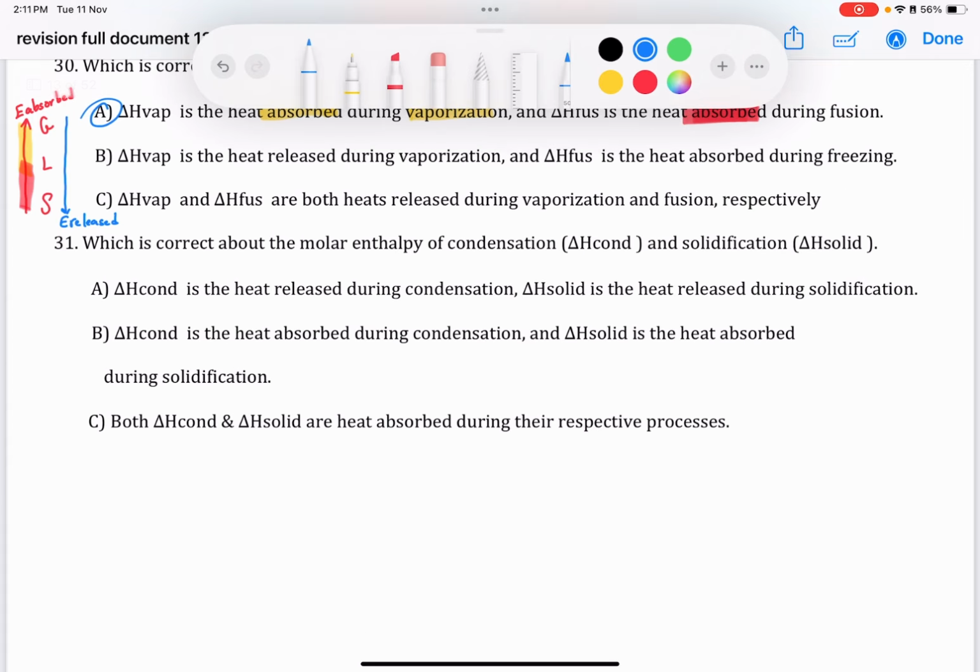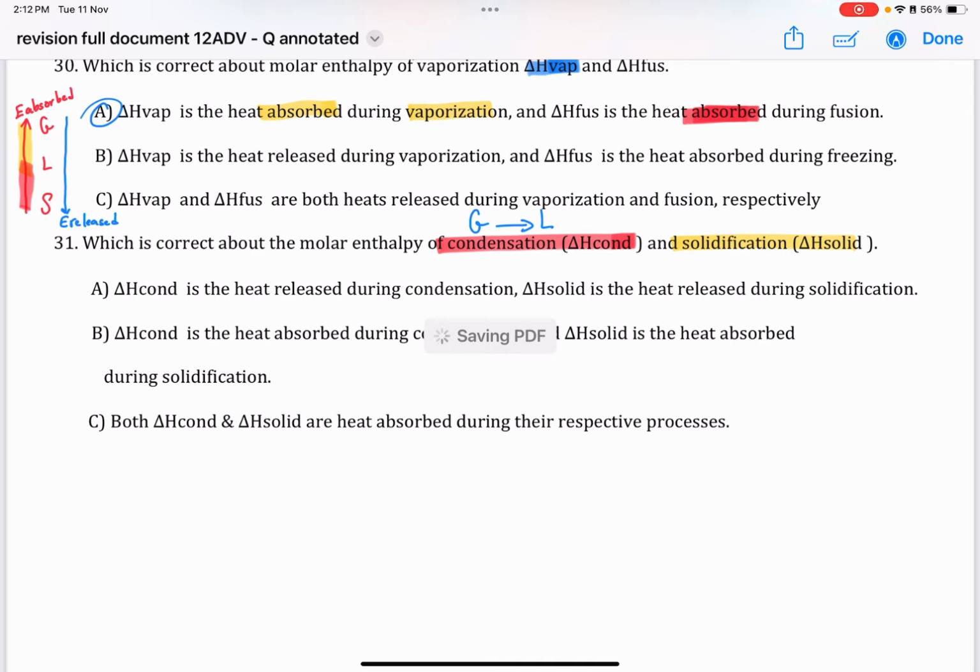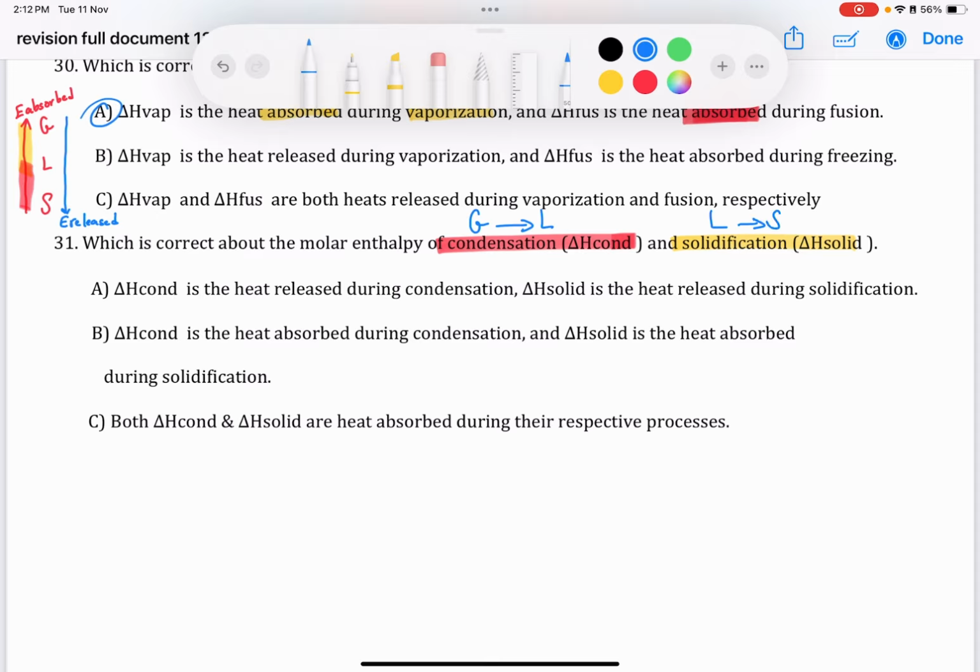Which is correct about the molar enthalpy of condensation and solidification? Okay, hold on. Condensation is gas to liquid. Solidification, liquid to solid. So let's think about it again. Solid, liquid, gas: energy absorbed going up, and down here, energy released.